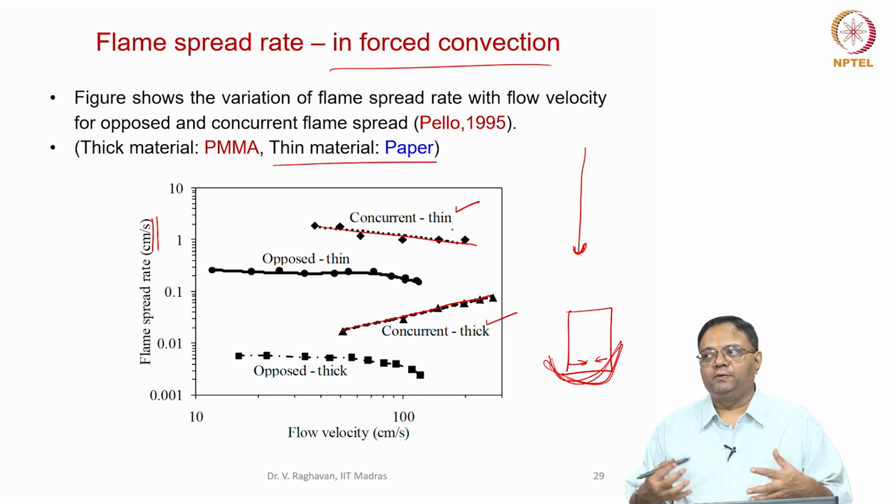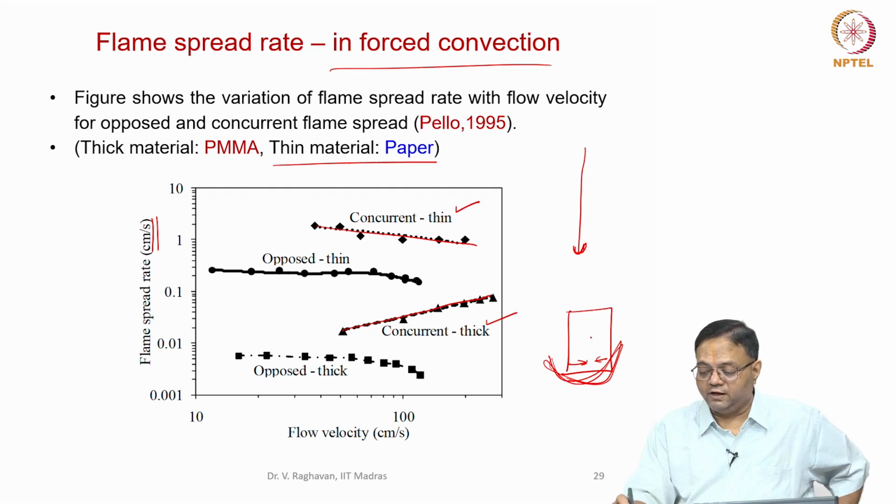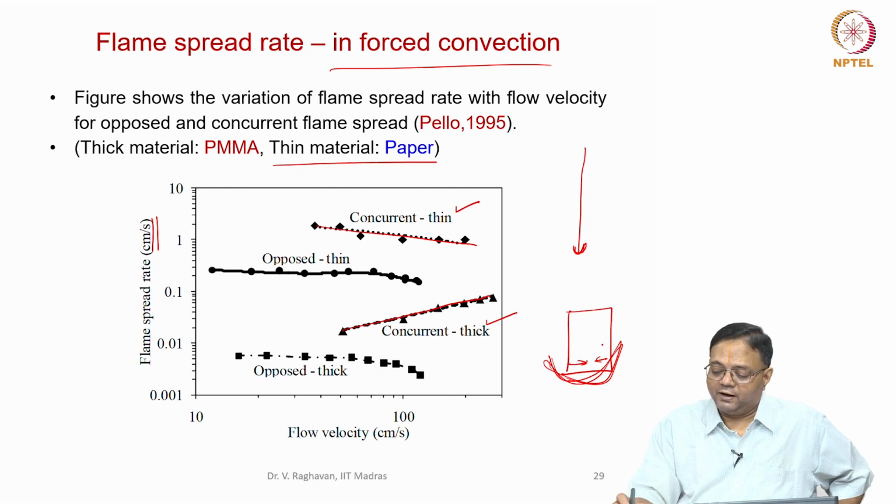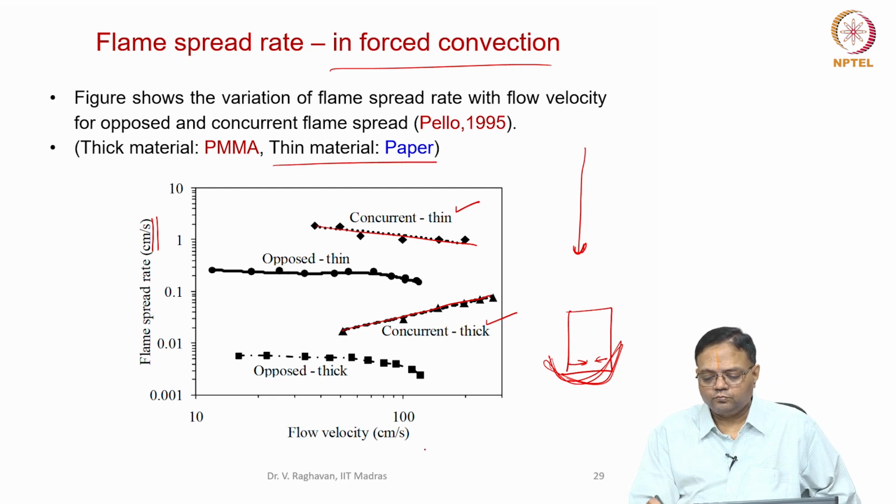So the heat flux coming in is not wasted on heating up, it just burns. But in the case of thicker, part of the heat is taken for heating up the solid. Okay, but in this case there is an increasing rate, but this rate is much below the thin cases.